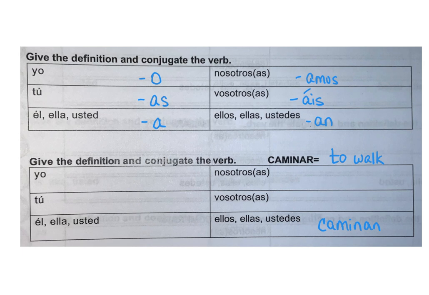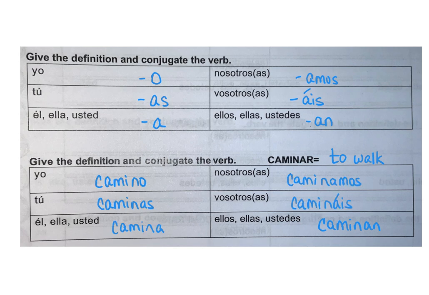And then we're going to look at one that we don't know the meaning of. So if I were to say that Jason walks, what would I say? Which verb would I use for Jason walks? Right, you would say Jason camina, because that is the same as saying he walks, all right?